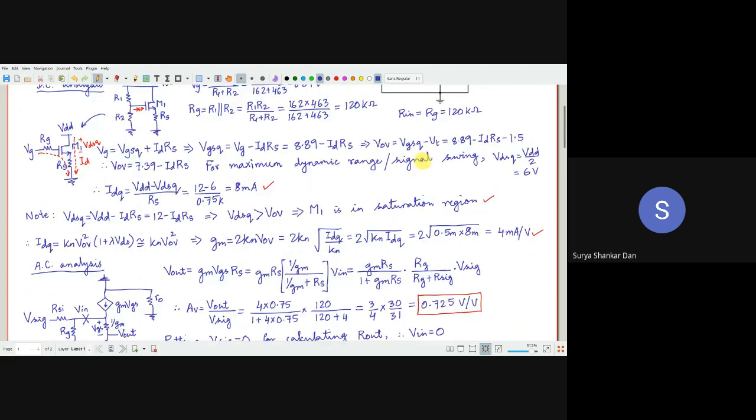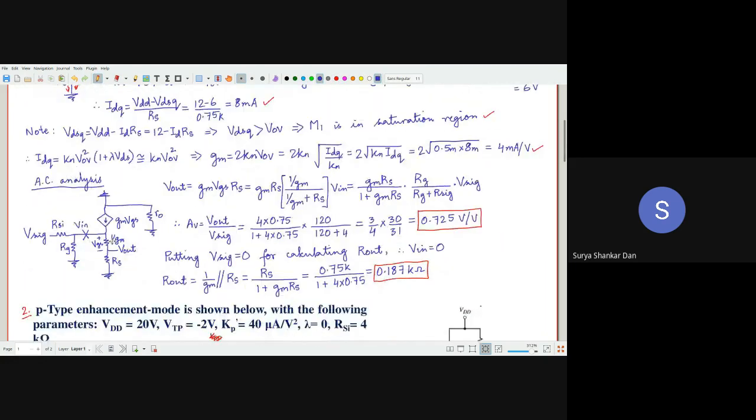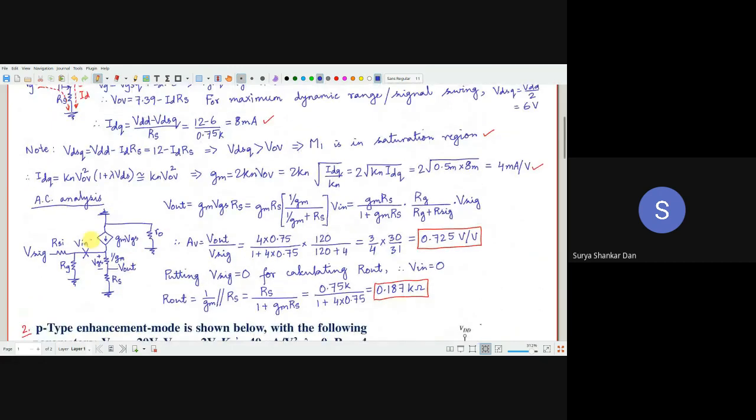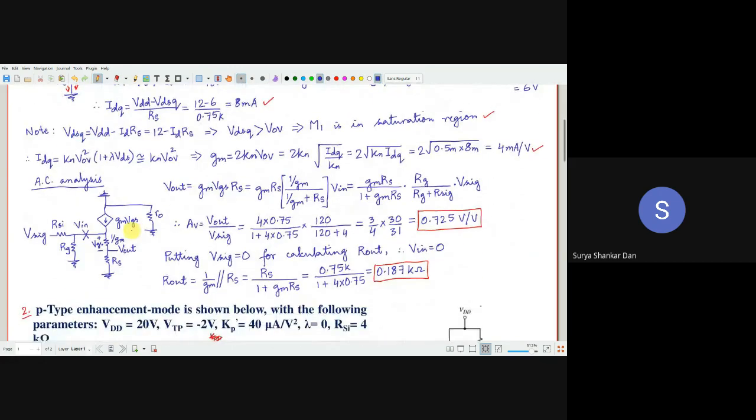This RG is R1 parallel R2, which we have already seen here. Then I'll be using the T equivalent circuit. You could have also used the pi model, that is also fine. I'll use the T model. There is no current through this path, but it is shorted over here, so basically this point is also Vin.